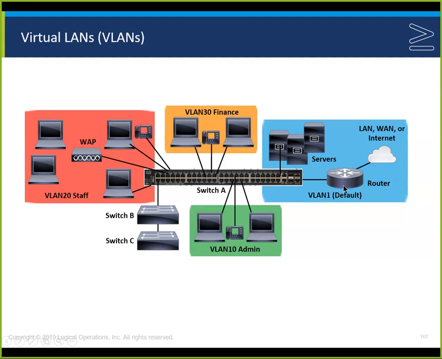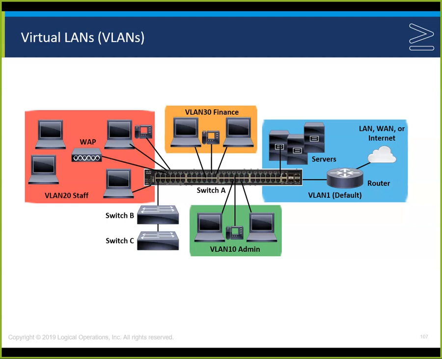We have a router out here that can now be configured to communicate between all of the different IP networks that are available here. So that's what we're doing with these devices, with these virtual local area networks: we're isolating.